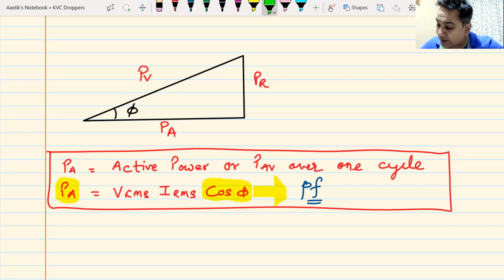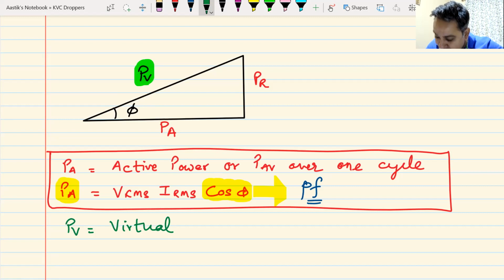Now, this green one is known as your virtual power, PV. This is the total power that the circuit takes, but it does not use all of it. Some part of it is given back.